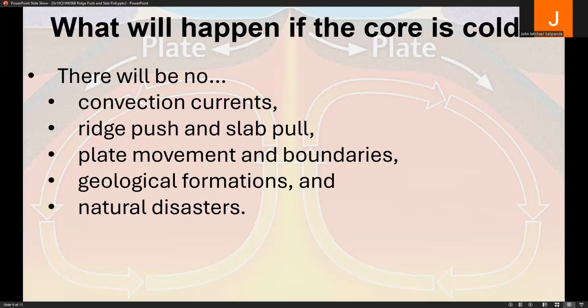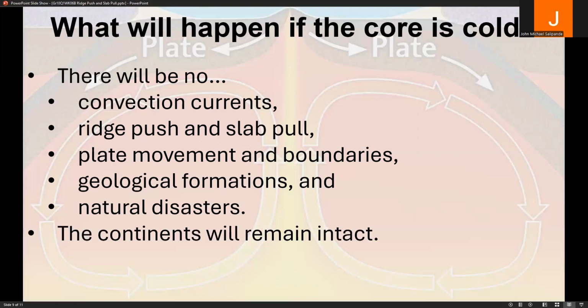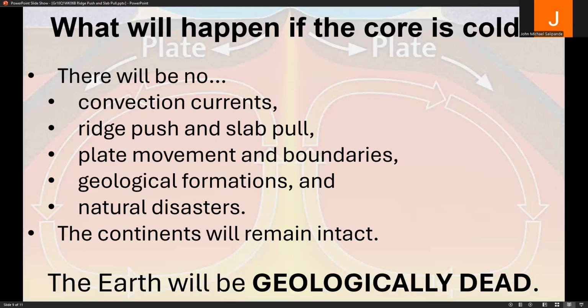There's probably a high possibility of no natural disasters because, once again, the crust is not moving anymore. Probably the continents will remain intact together, so we'll have a supercontinent wherein all the continents are situated next to each other and not separated by oceans. It is possible to still live under these circumstances, but the Earth will be geologically dead.